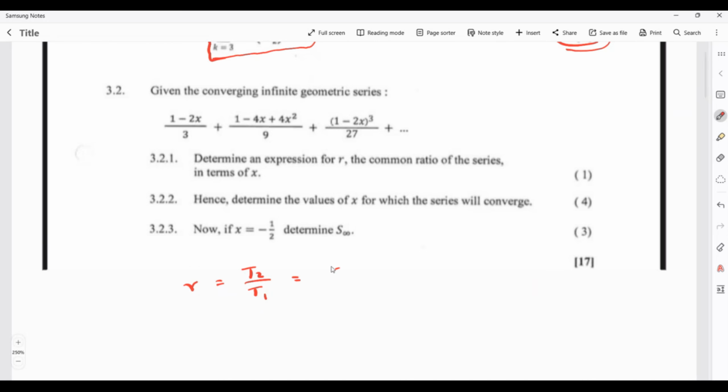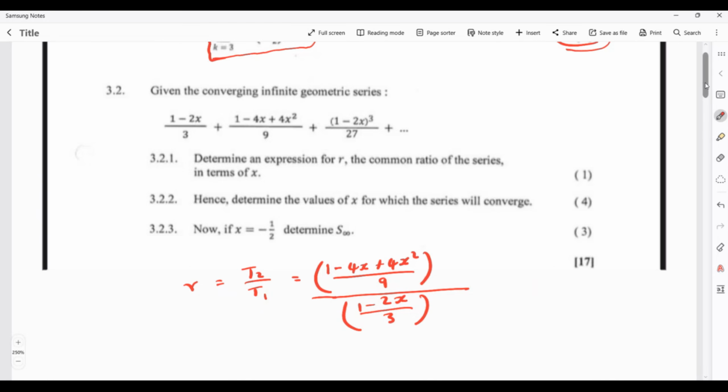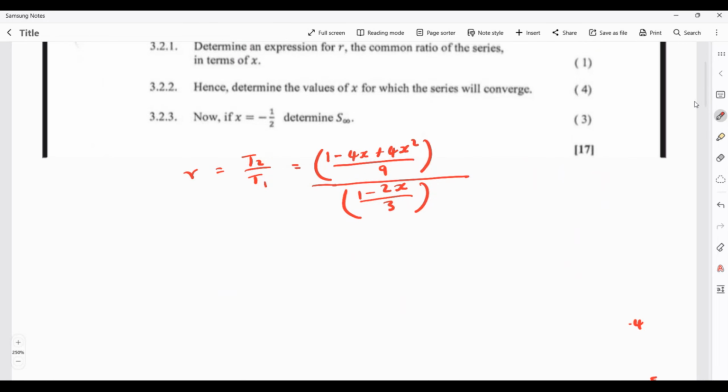That means this is actually going to be 1 minus 4x plus 4x squared, divided by 9, all divided by 1 minus 2x divided by 3. Now you are dividing a fraction by a fraction. You turn the dividing fraction upside down and then you multiply.